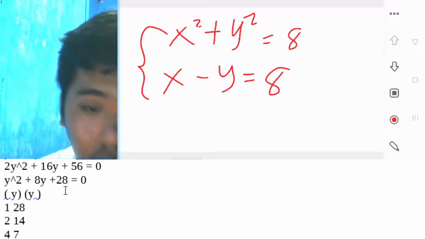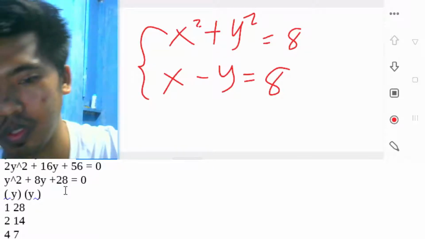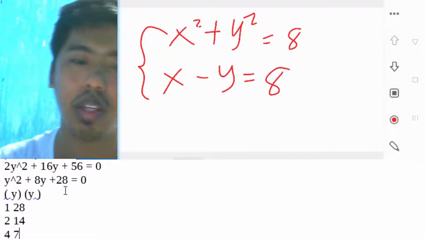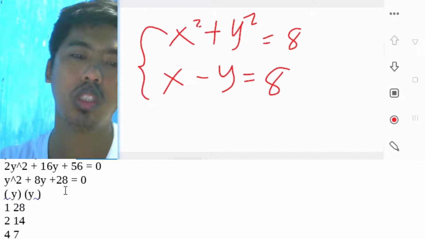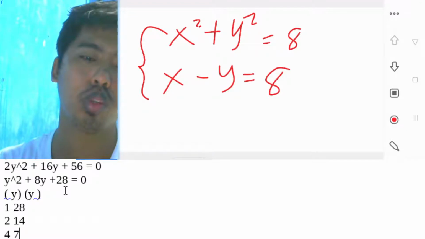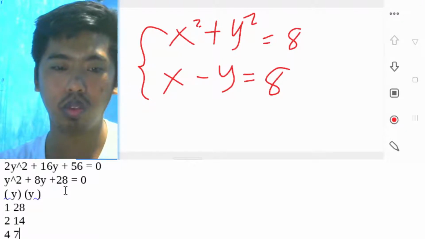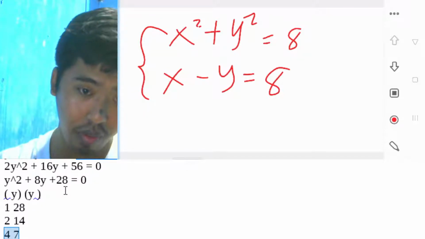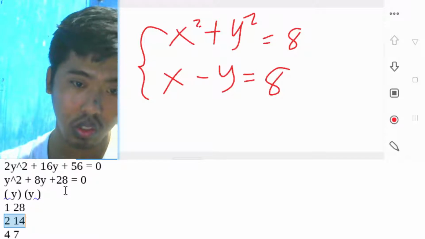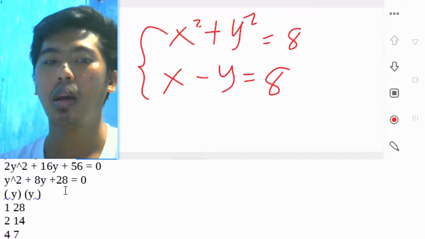Now, if we try to add, the result should be 8y. Remember the negatives. Positive 4, positive 7, and negative 4, negative 7. Since 8y is positive, we focus on the positive ones. Since we're adding, the signs must be the same. So this is 11, this is 16, and this is 29. So basically we cannot factor it.